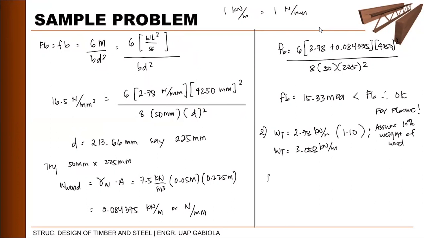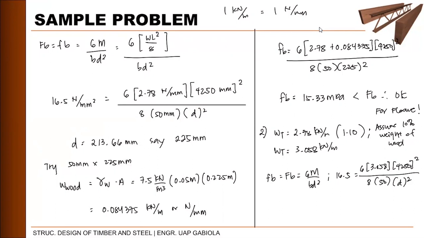So, magiging value ng FB natin, so equate natin siya doon sa FB para makuha natin yung value ng D squared natin. Okay? So, this is equals to 16.5 is equals to 6 times 3.058 multiplied by 4250 squared all over 8 times 50 times D squared.